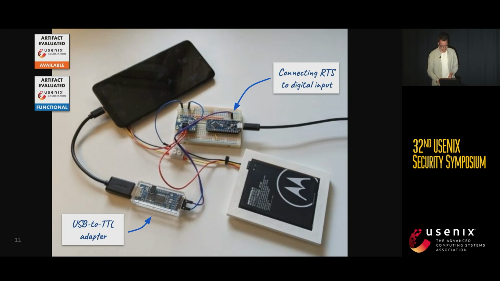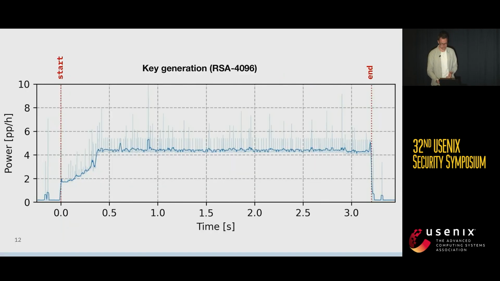And to give you a bit of an illustration, this is a quite expensive operation on smartphones, generating long RSA keys. And what you see, it takes about 3 seconds. In the beginning, the power consumption goes up a bit. That's the CPU increasing the clock as there's quite a lot of work to do.